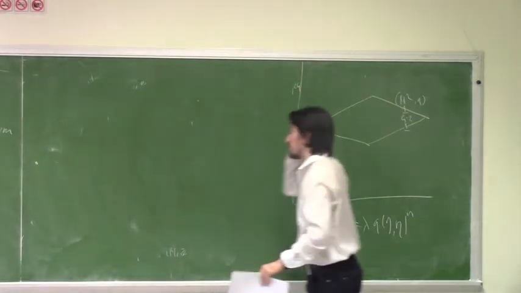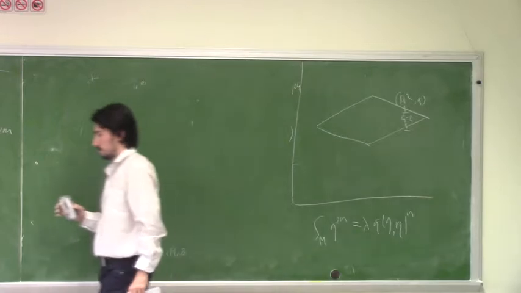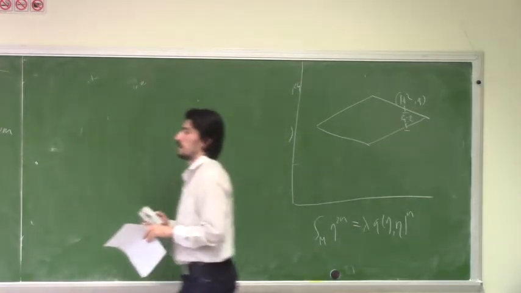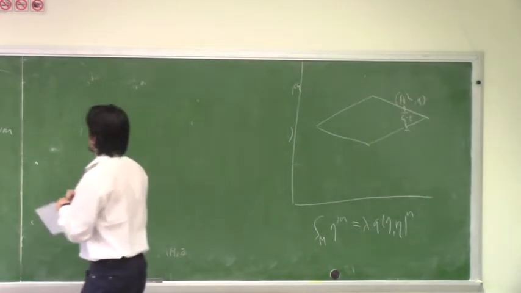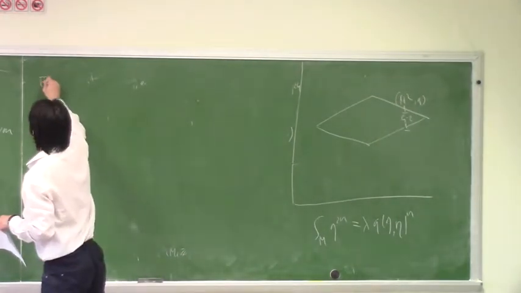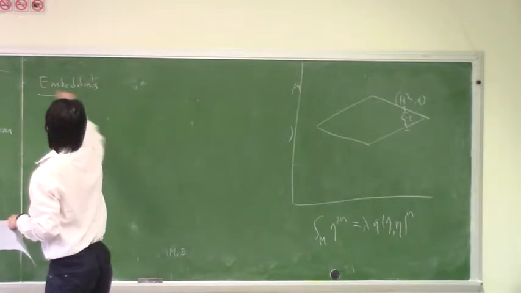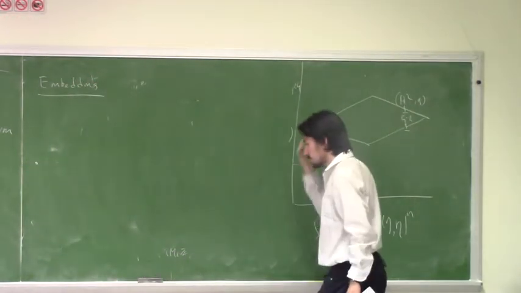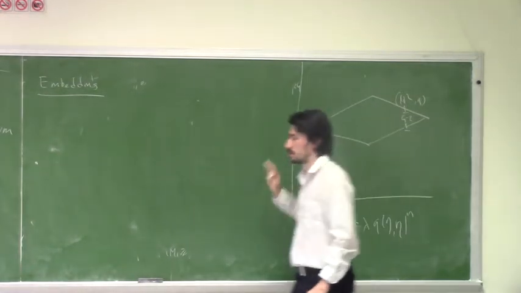So now we can define the generalized Kuga-Satake embedding of cohomology, and let me say later what that means.